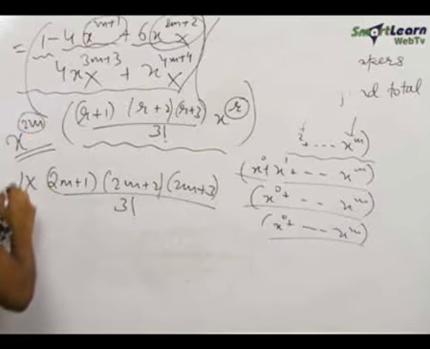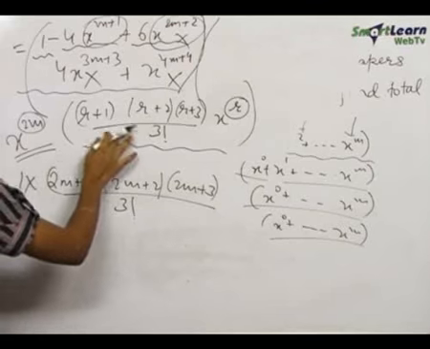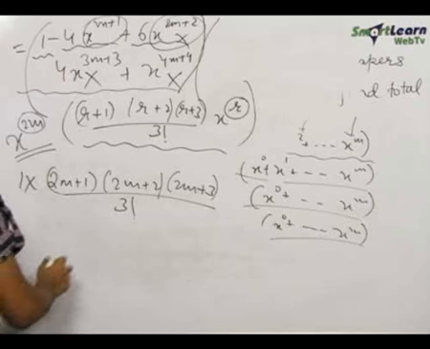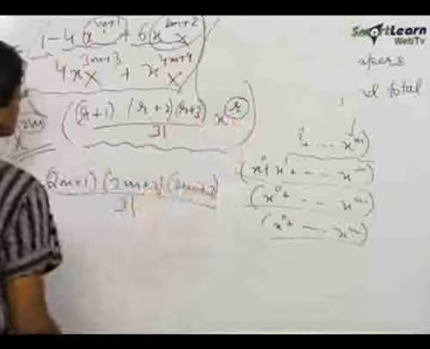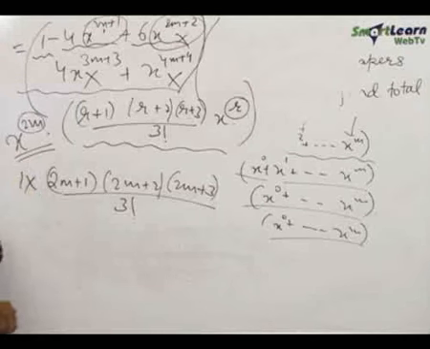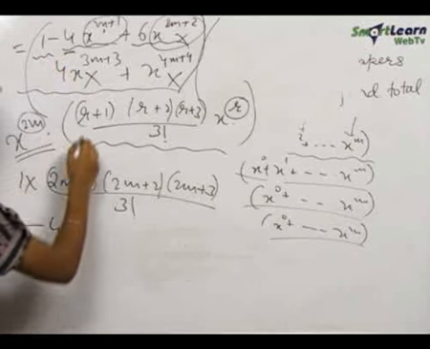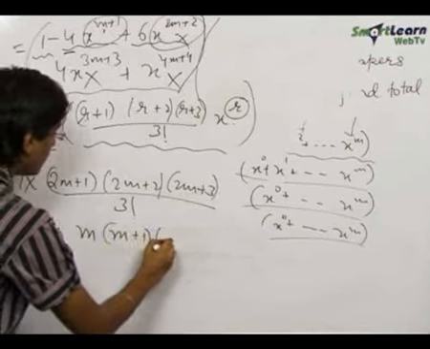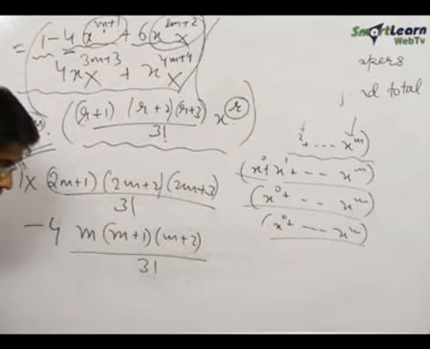In order to make the entire power of x equal to 2m, we require the coefficient of x power m minus 1 from this bracket, so that when this gets multiplied with x power m plus 1, the entire thing becomes 2m. So we require r equal to m minus 1 over here, minus 4 times, putting r equals m minus 1, this becomes m into m plus 1 into m plus 2 upon 3 factorial.